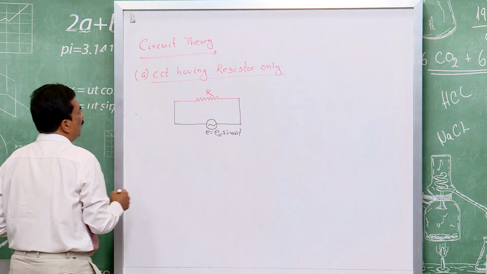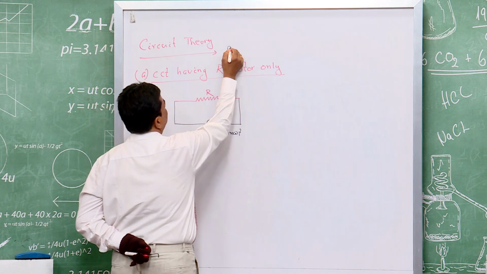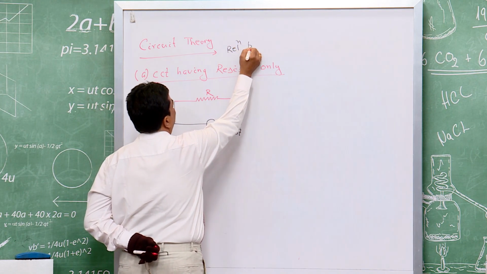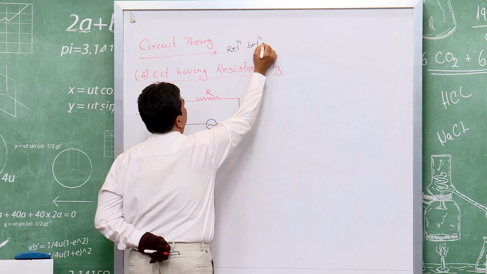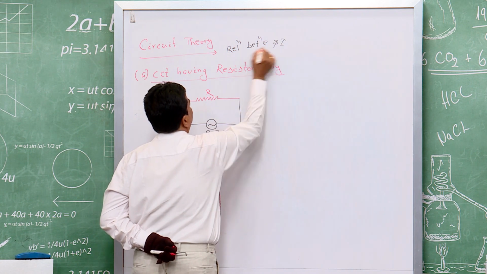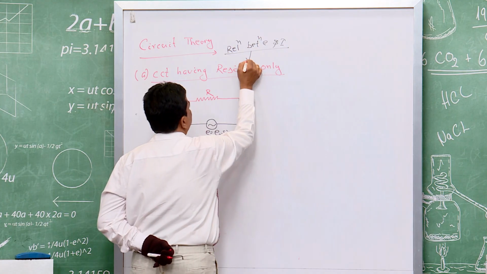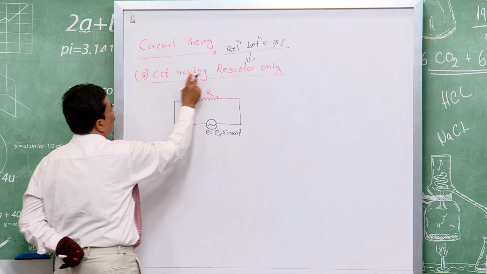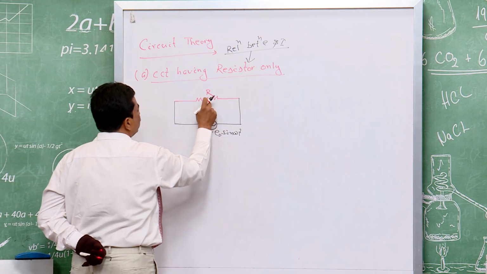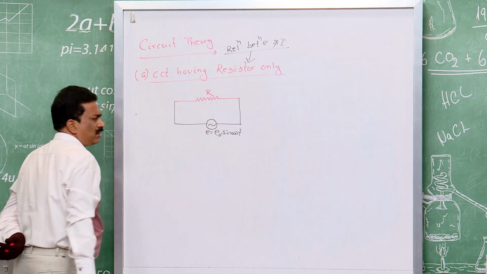What is our aim? To find the relation between E and I of a circuit having the resistor only. This is the resistor, this is the alternating source.